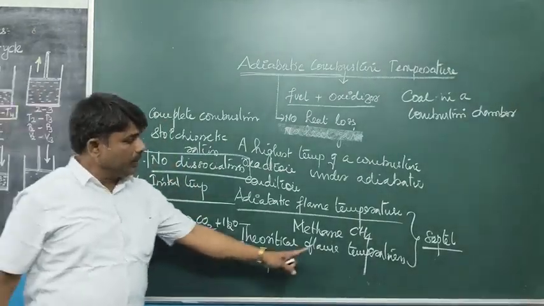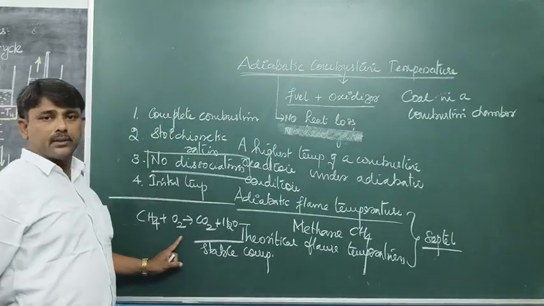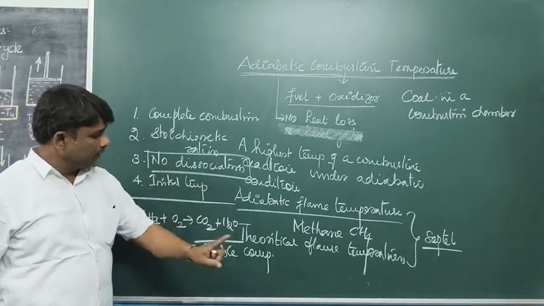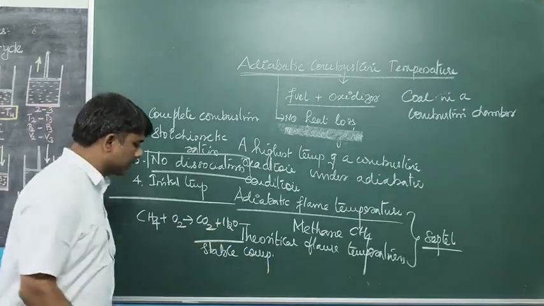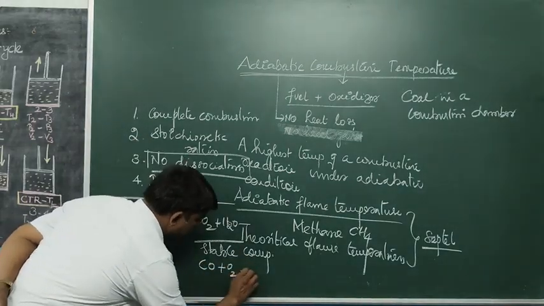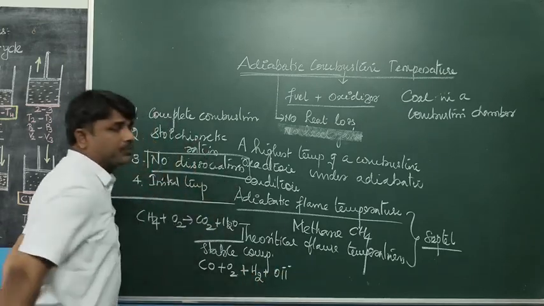In theoretical flame temperature, combustion of methane with oxygen produces the same carbon dioxide and water, but they are unstable compounds. Carbon dioxide will split into carbon monoxide and oxygen. Water will split into hydrogen and OH group.